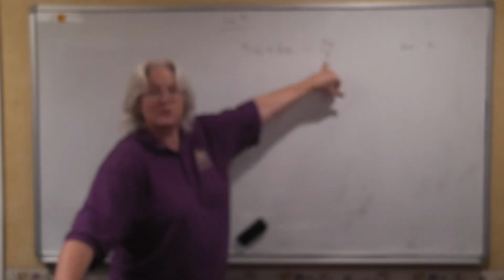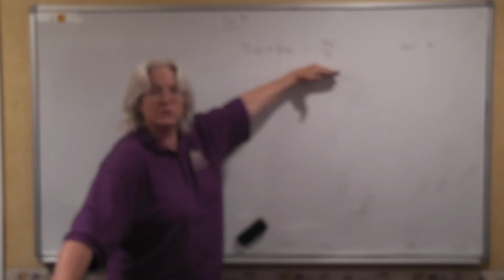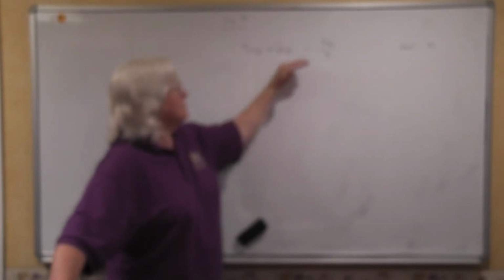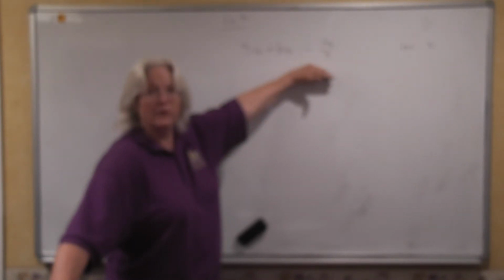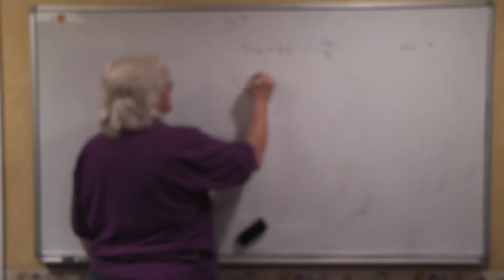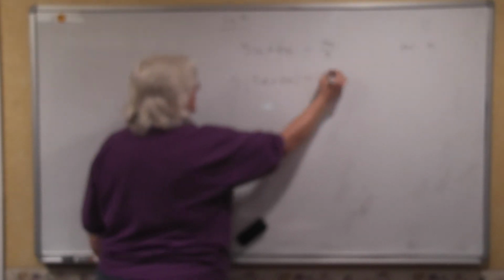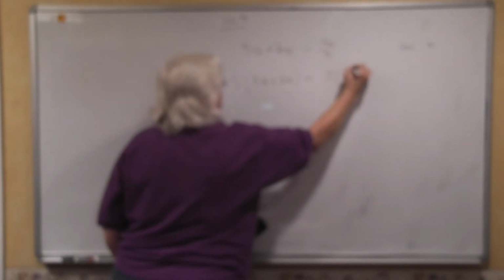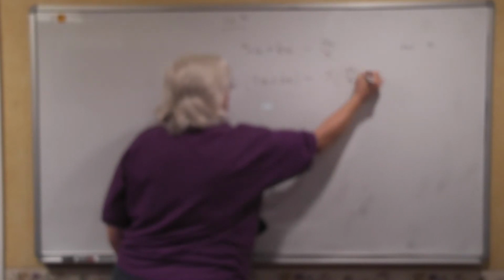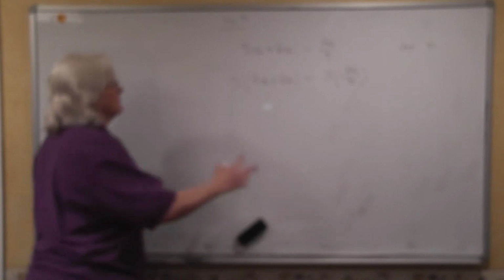We've got a rational expression, rational equation going on here. We want to clear the equation of fractions. What's our common denominator? It's a 5. So we multiply both sides of this equation by 5. 5 times 3a plus bx is equal to 5 times 4x over 5. Cancel whatever common factors there are and distribute.